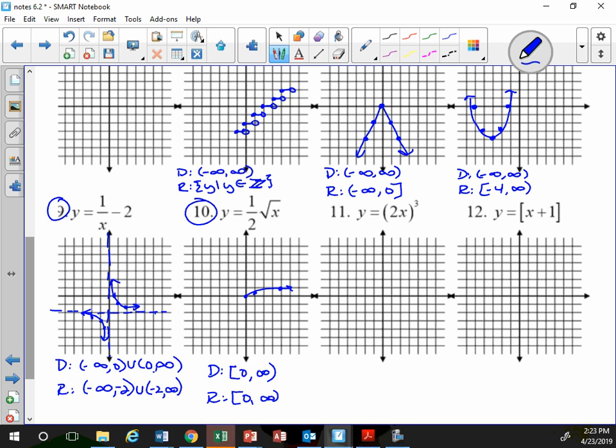All right, how are you guys doing on the ones with the coefficient in front, like with the half or with the -2? All you're doing is multiplying the y values by whatever that coefficient is.